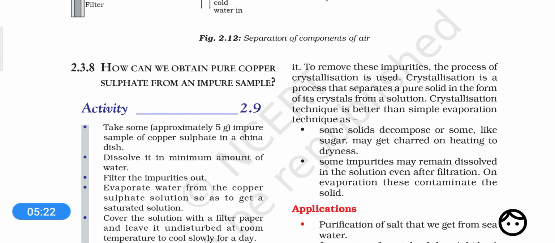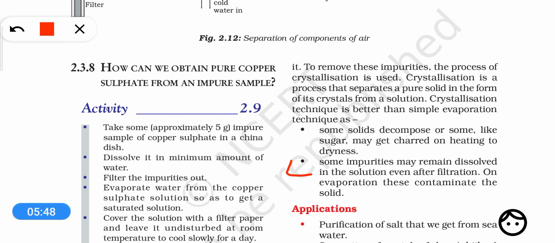Now something is written here. The crystallization method is used to purify solids. For example, the salt we get from seawater can have many impurities, and to remove these impurities the process of crystallization is used. First the salt is obtained by evaporation from seawater.